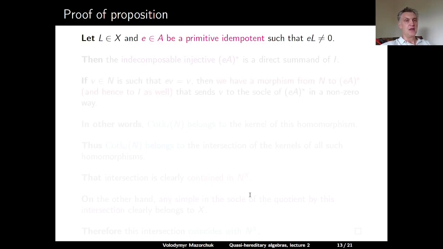Let's prove this. Let L be a simple module in X and e a primitive idempotent in A such that eL is not zero.